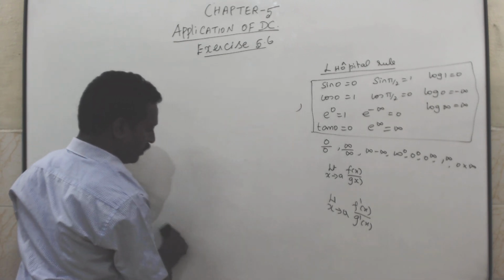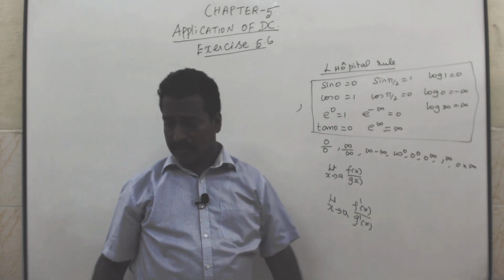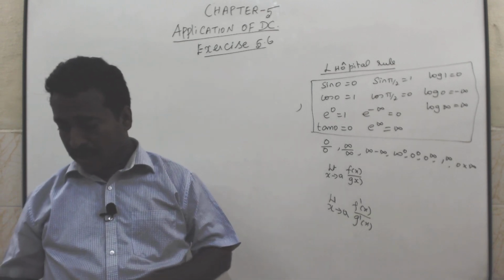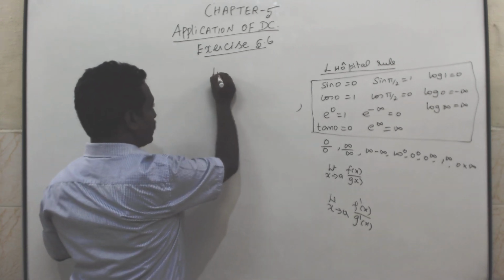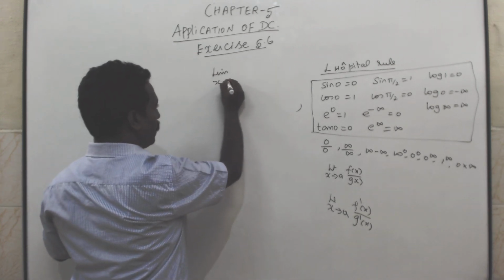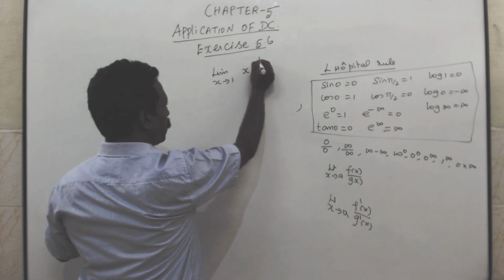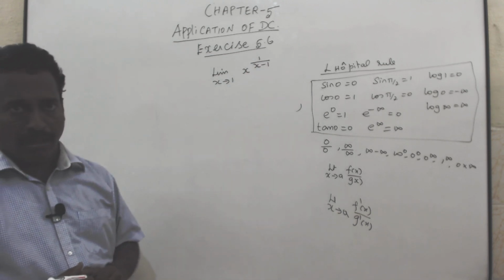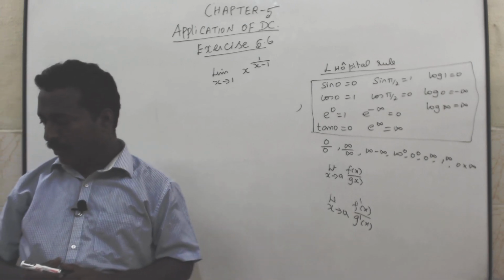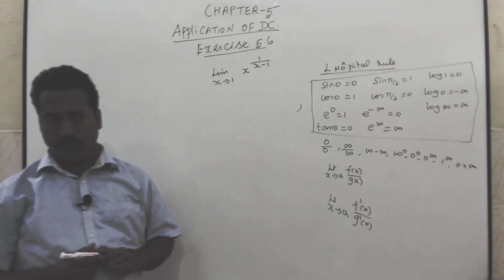Then sum number 10. Limit x tends to 1, x power 1 by x minus 1.